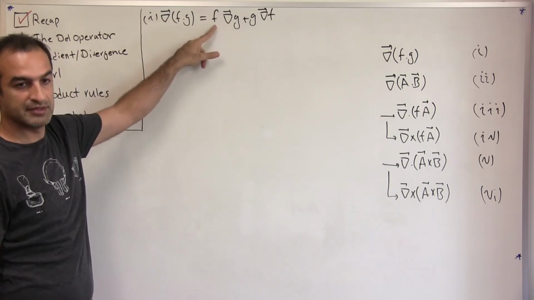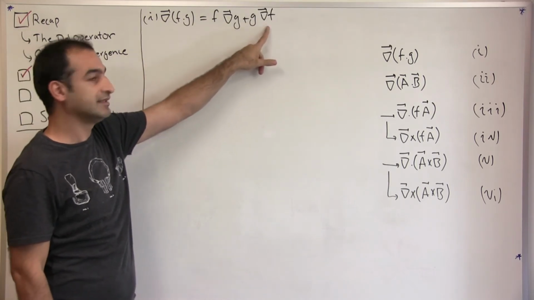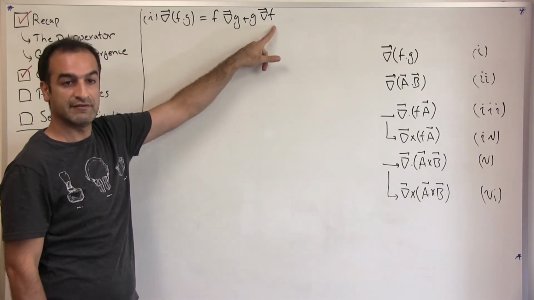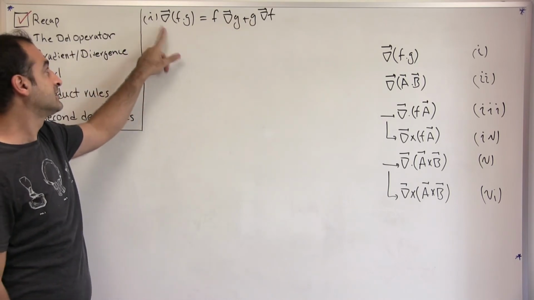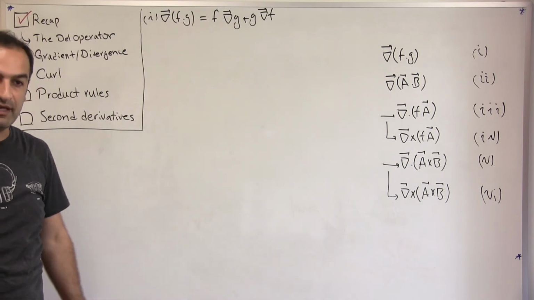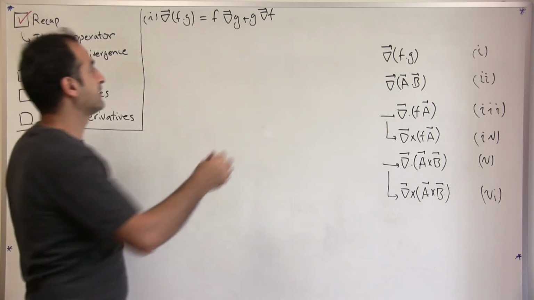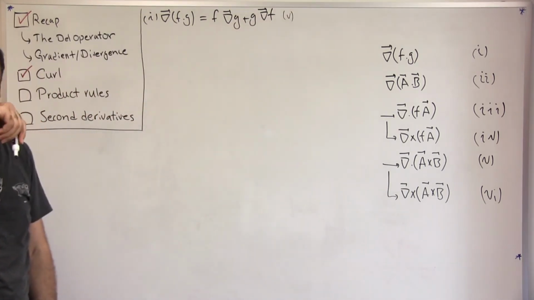So the first term is a vector. The second term, g times gradient of f. The gradient of f is a vector, g times that is a vector. So as a combination, this gradient is a vector. And I should write: gradient of a scalar field is a vector field. Okay, so I'm going to write v here. Make sense?